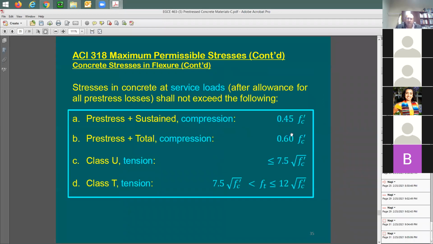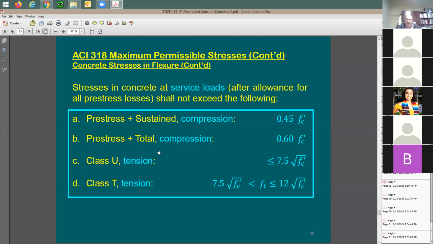So what people usually do, they look at the total stresses and try to compare them with 45% first. If it didn't work out, they go back and look at only the sustained. But if you're using software, it doesn't make any difference, right? Because the software is going to be checking for any load combination or any load cases you want. You can divide it the way that you want.